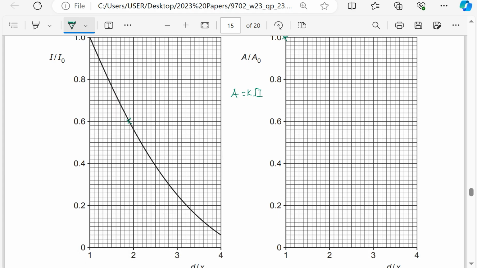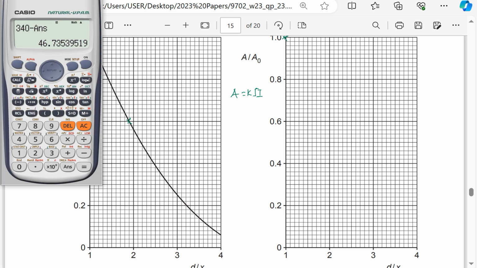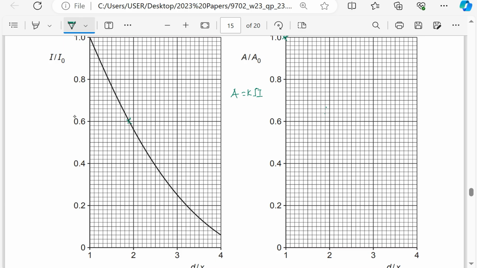Suppose I is 0.6. The root of 0.6 is 0.77. So 0.77 for amplitude. So the scale here is 0.02, and 0.77 is somewhere here.